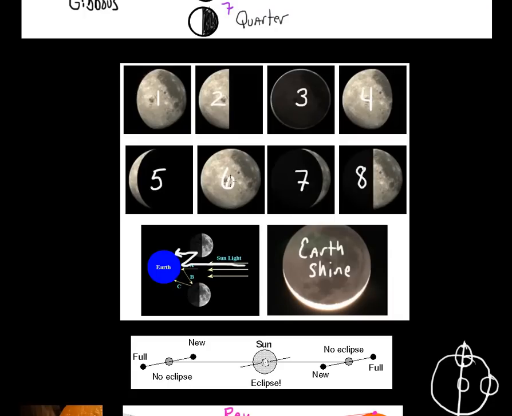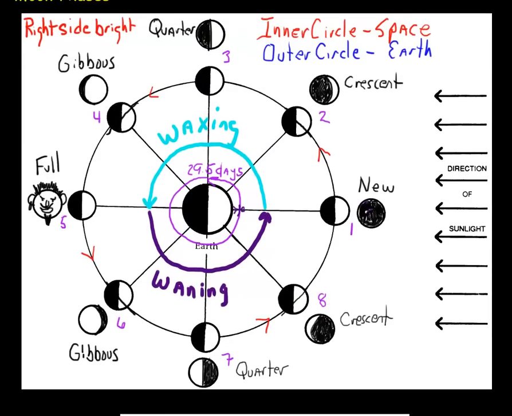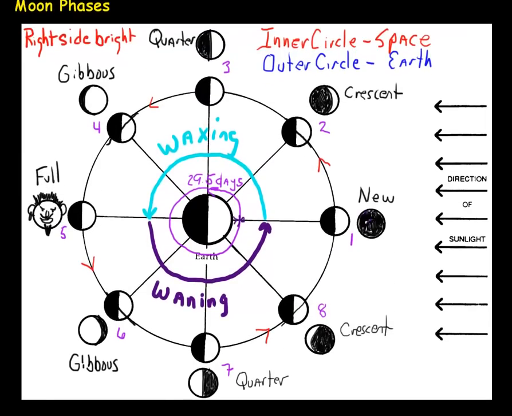We can have a largest full moon. We can also have the smallest full moon, and then we have lots of normal full moons. Same thing with any of these phases. But we did talk about right side being waxing, left side being waning, so we can tell the difference between a waning crescent and a waxing crescent. And then we tried to show you the geometry of how and why we do have moon phases.